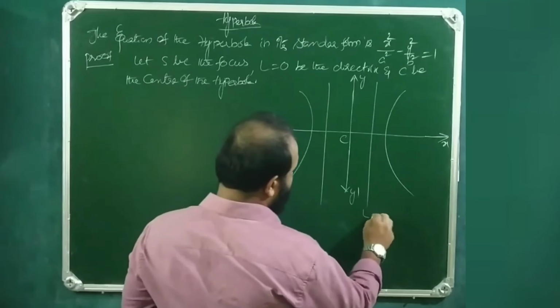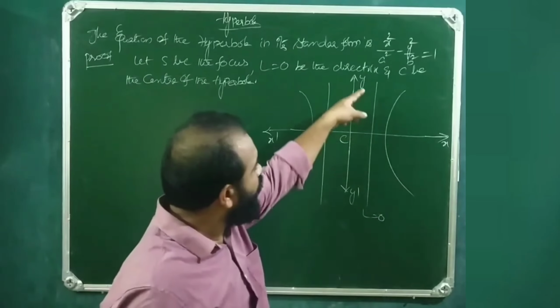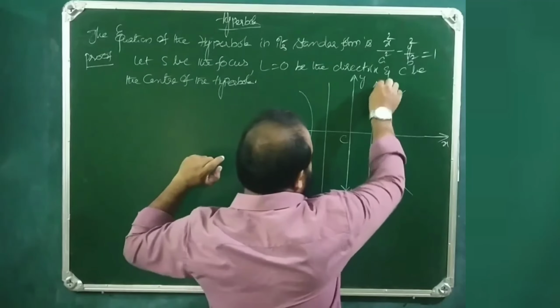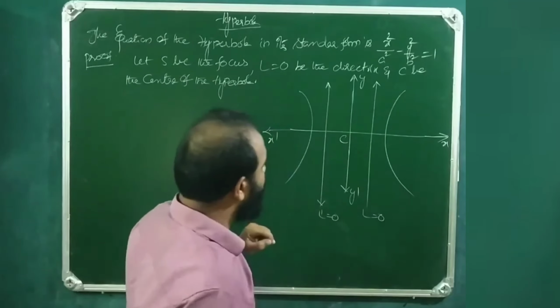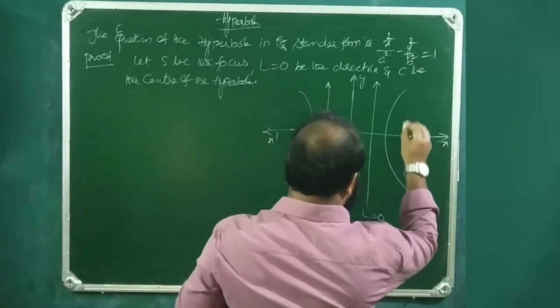This is our L equals to 0, the fixed line which is the directrix, and this is L dash equals to 0. So, S be the fixed point.